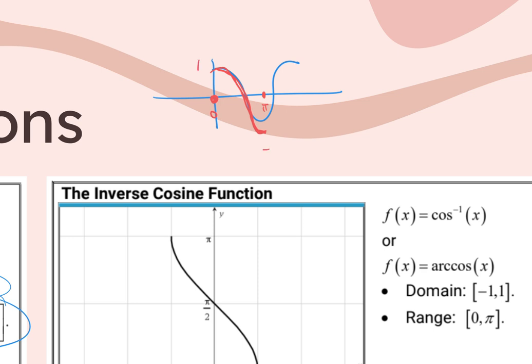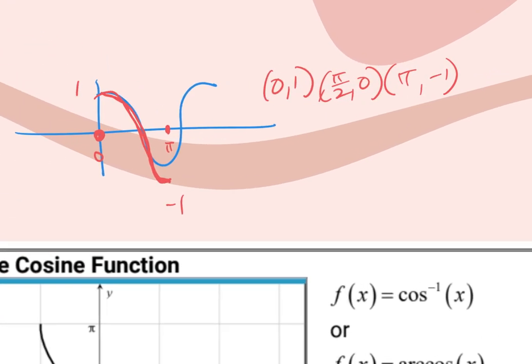So for these coordinate points, I'd have 0, 1. And then I'd have pi over 2, 0. And I'd have pi, negative 1. So those would be on my original cosine curve. Now I flip them to get my inverse: 1, 0; 0, pi over 2; and negative 1, pi.